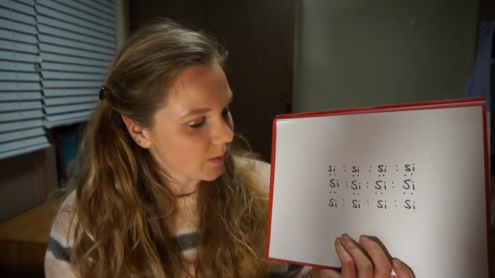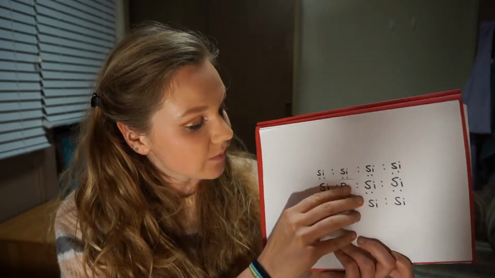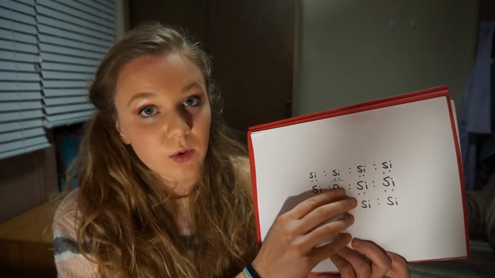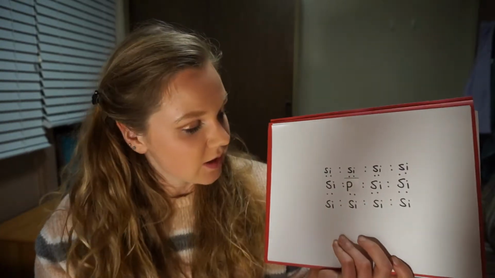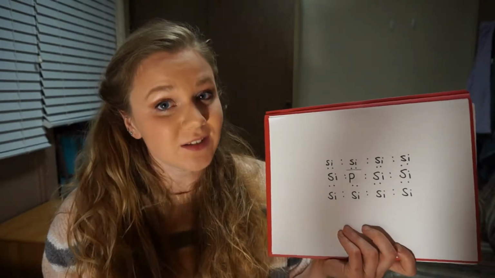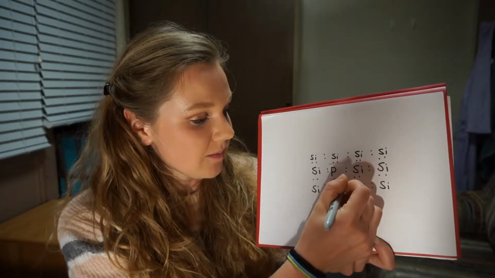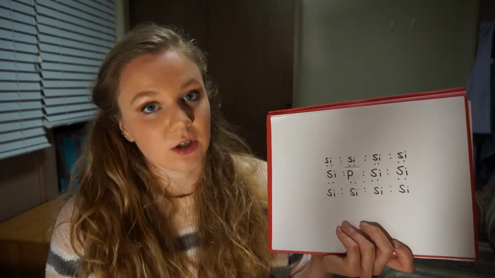But imagine if we replace one of these silicon atoms with a phosphorus atom. Phosphorus has 1 more electron than silicon does. Even though this proton core has 1 more positive charge as well, it adds an electron to the system that the phosphorus atom is not able to lock down.